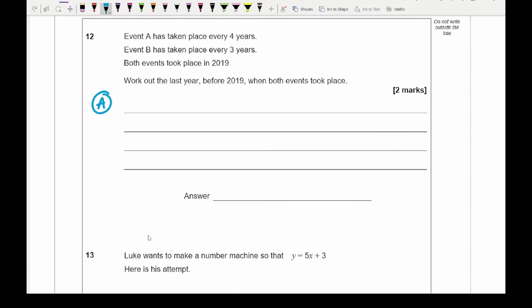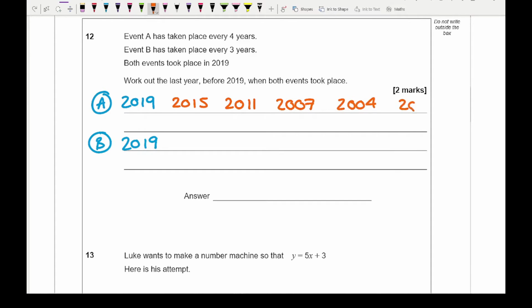So if I start with event A and we've got event B, well, both of them took place at 2019. Now A takes place every 4 years, so the previous one will be at 2015, then 2011, then 2007, then 2003, then 1999.